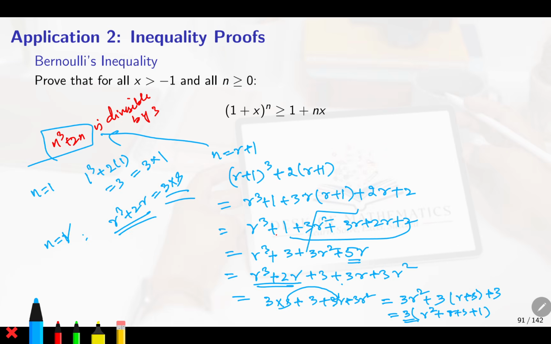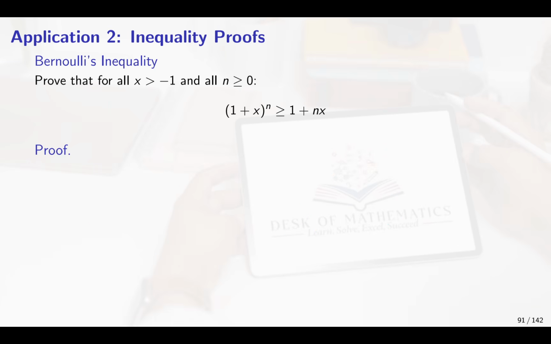Okay, so similarly you may have a question, for example, they may give you the question: show that 11 raised to the power n plus 2 plus 12 raised to the power 2n plus 1 is divisible by 133.